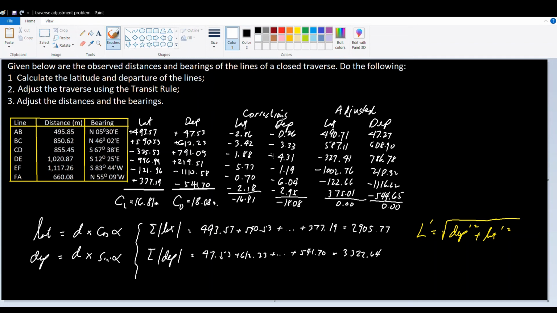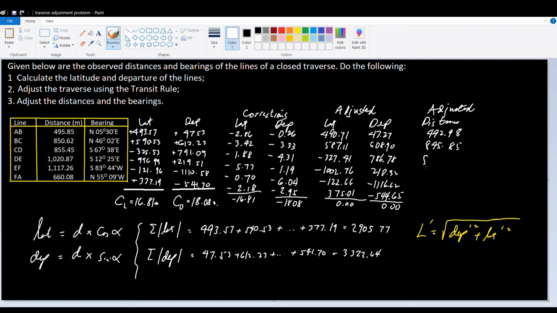So there's nothing different for the transit rule in calculating the adjusted length and the adjusted direction. So adjusted length or distance for line AB, it is square root of 490.71 squared plus 47.27 squared. And that should give us 492.98.